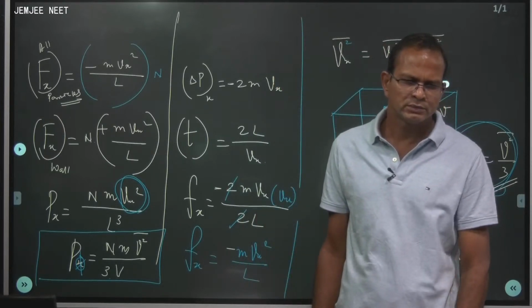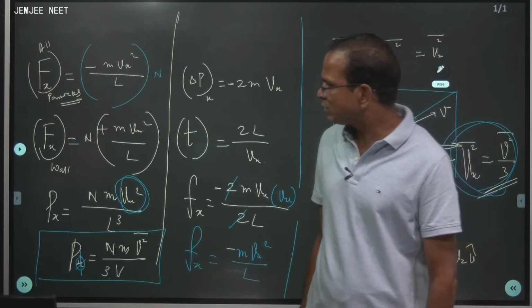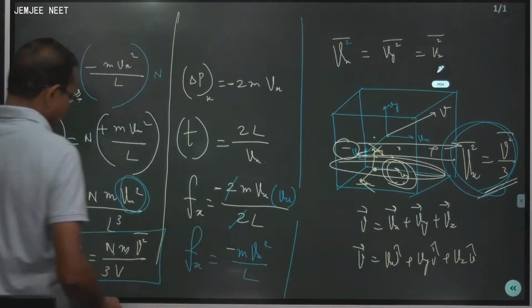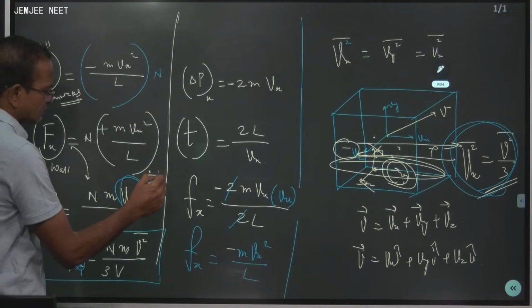How did you get L cube, sir? Force per unit area is pressure, so when I move from the force step to the pressure step, I divide by L square, the area.